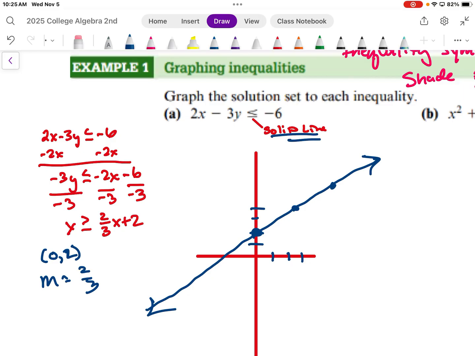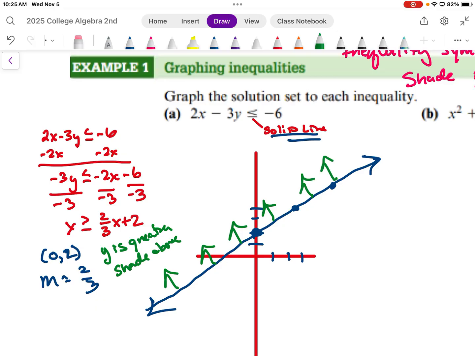Once I have it solved for y, I can see that this says y is greater. So that means I got to shade above. That means I'm shading everything above that line, so I'm indicating that with my arrows. I got to shade everything there.